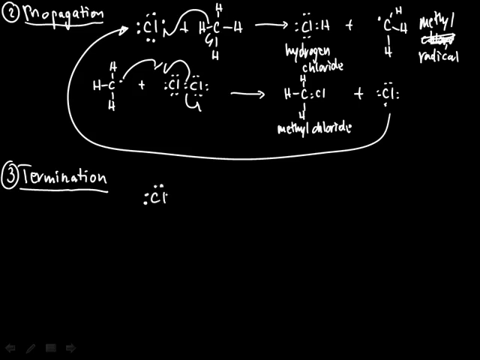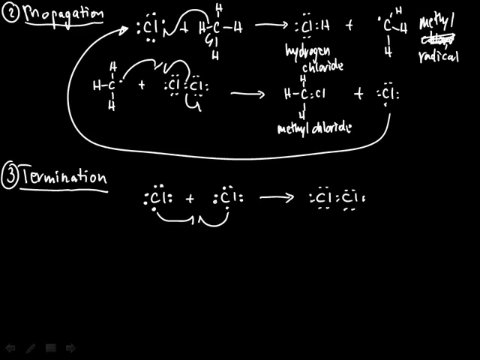And so once that happens, our chain propagation is basically killed because it's carried over by the presence of radicals. And once two radicals are next to each other, they will pair up their own electrons to give this.